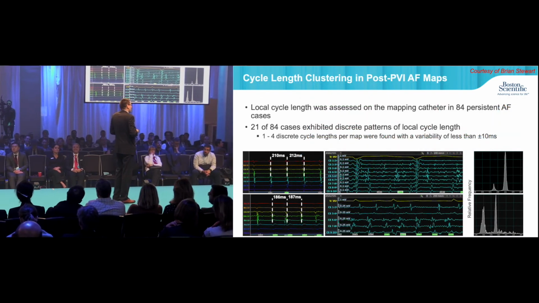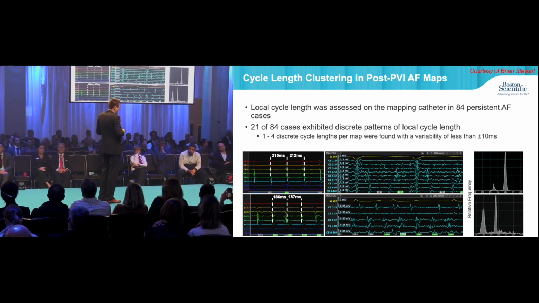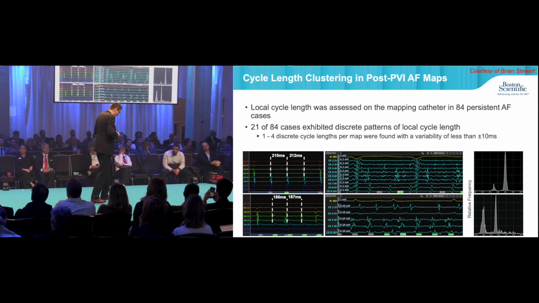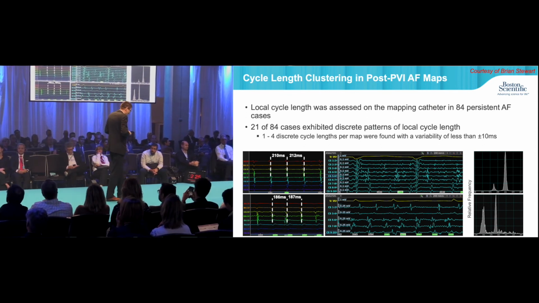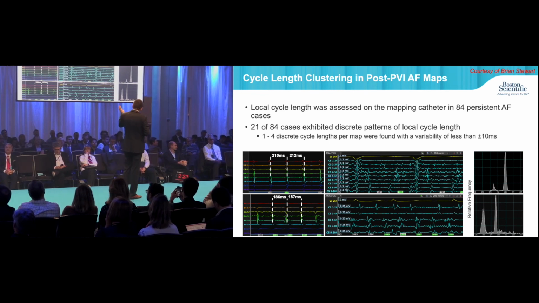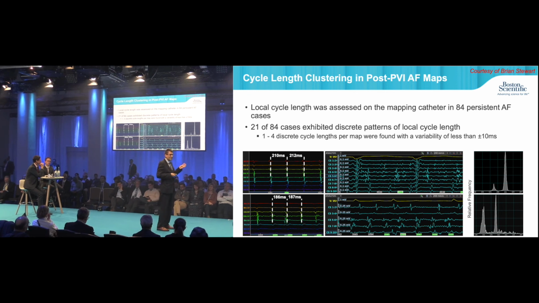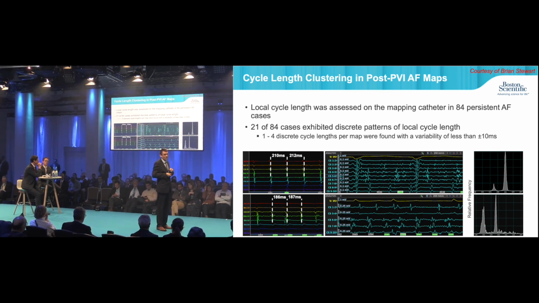And if some of you are still not convinced that extra PV drivers exist, look at this result. The research and development section in Boston Scientific performed an analysis of more than 80 of those maps. And in a significant number of patients, they saw clustering of the cycle length. Just imagine that you have a tool that, on those dozens of thousands of points, will classify them just based on the local cycle length of each point.